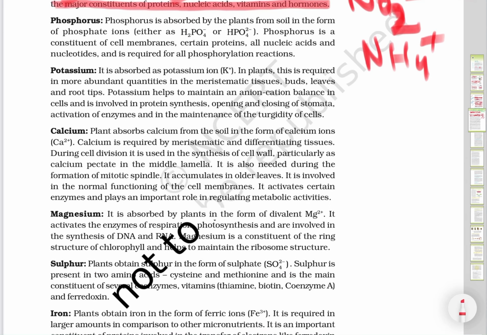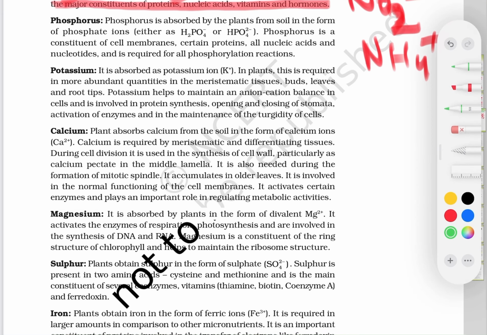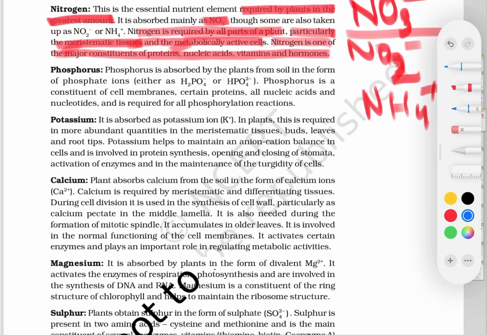Now come to phosphorus. Phosphorus is absorbed by the plant from soil in the form of phosphate ions, either H2PO4 minus or HPO4 2 minus. Alright.